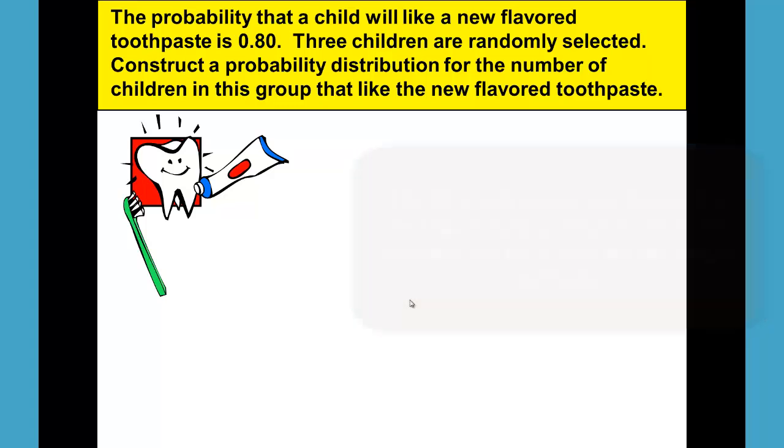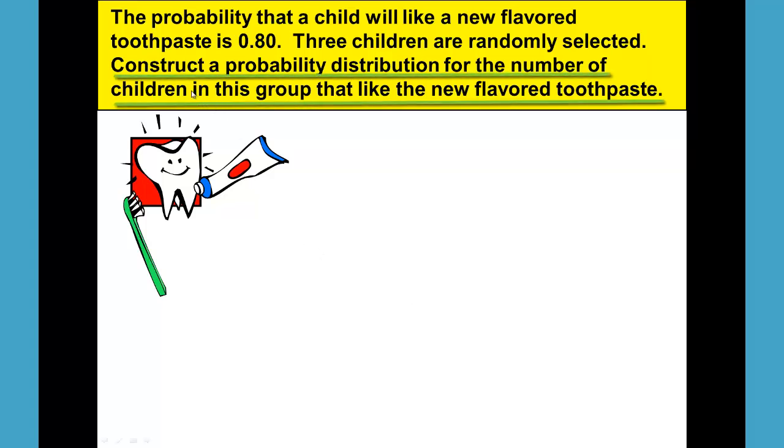The first thing to ask yourself as you read the problem is, is this a binomial distribution? And what is the problem asking us to do? It asks us to construct a probability distribution, so we know that we're trying to construct a table with x's and probabilities, and in this case it's a binomial distribution if it meets the 4 characteristics.